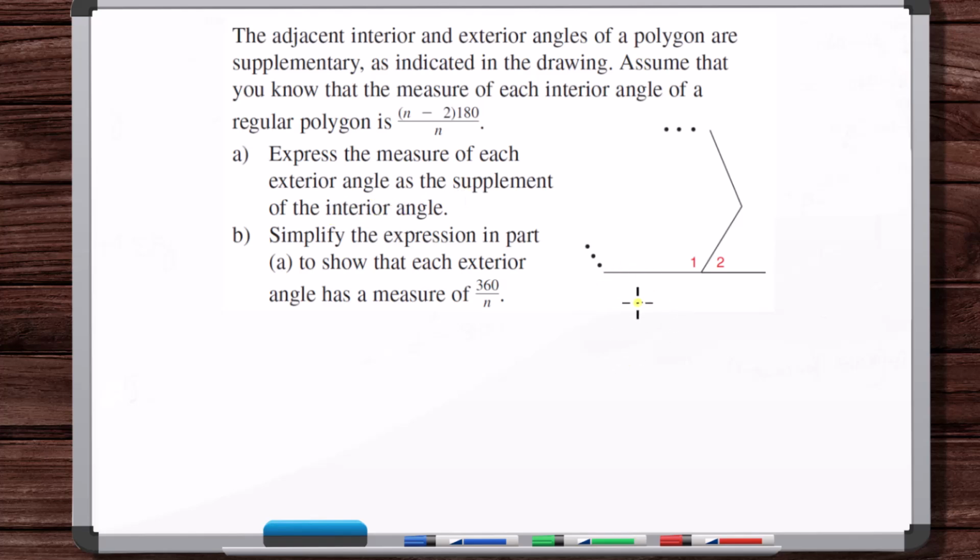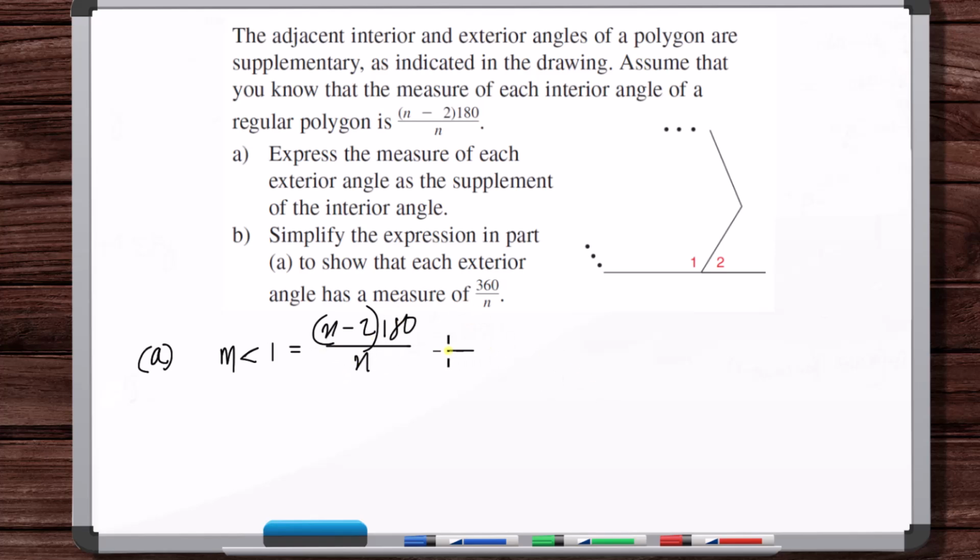So they're saying that if we're dealing with a regular polygon, then we know the measure of angle 1, well, all the interior angles are going to be the same, whatever the measure of angle 1 is, and the measure of all the exterior angles are going to be the same as well, whatever the measure of angle 2 is, because it's a regular polygon. We don't know what the polygon is, so we're just going to leave n as n.